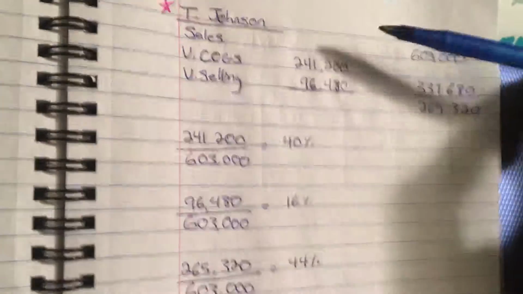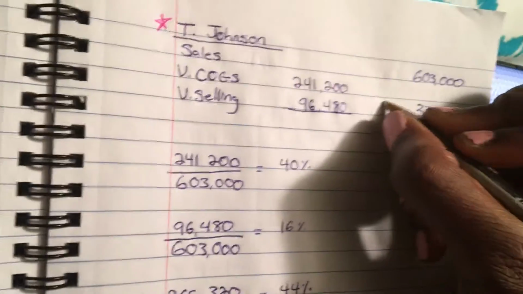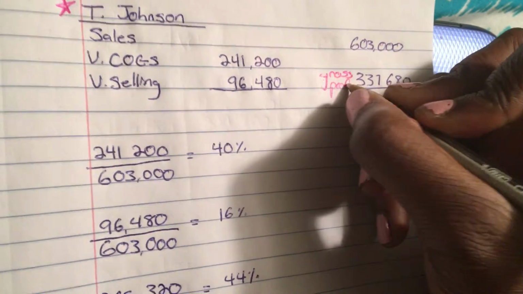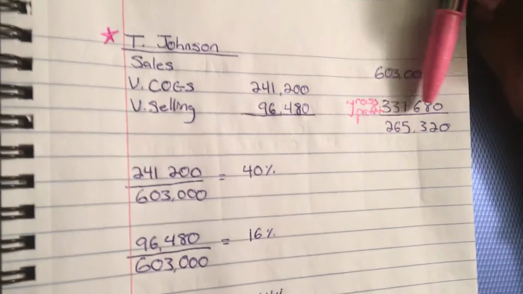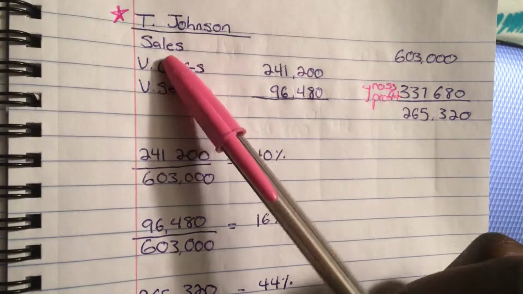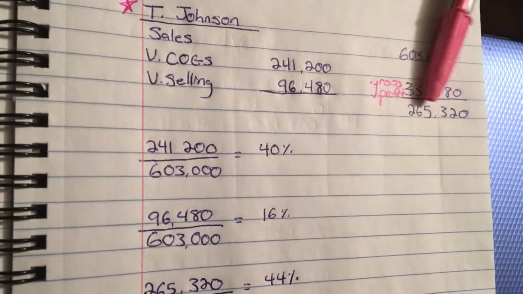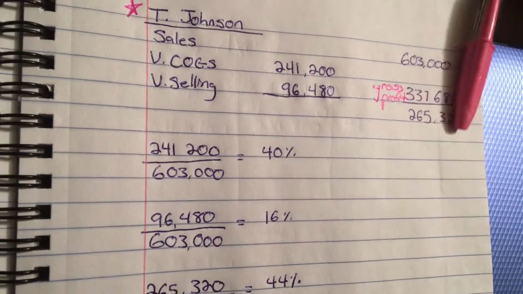And again, you will just add these to find your total variable costs, which equals $337,680, and you would just subtract that from her total sales, and that equals $265,320, and this would be your contribution margin.